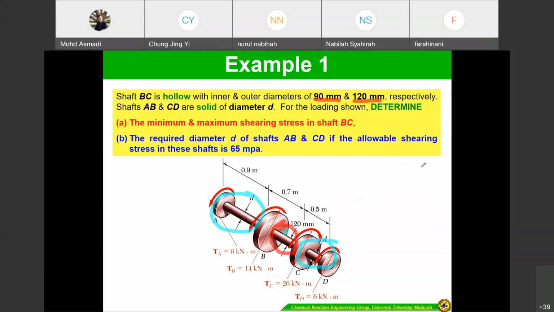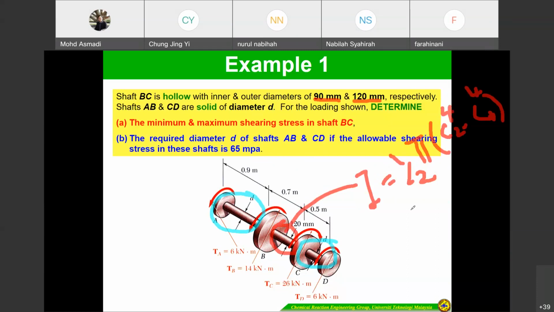So minimum and maximum, right? This is hollow, so you have to use the equation J is equal to half pi times C2 to the power 4 minus C1 to the power 4. With this J, we can determine tau min and also tau max.